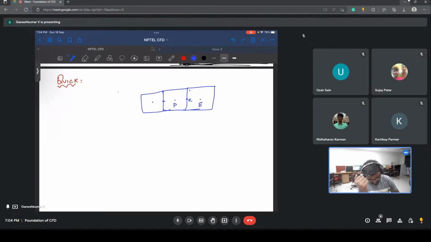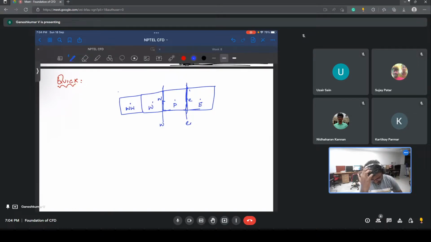This would be the west cell, and this would be west of west, and the west face. This is the east face, this is the west face. The lowercase letters represent faces, and cell centers are with capital letters.